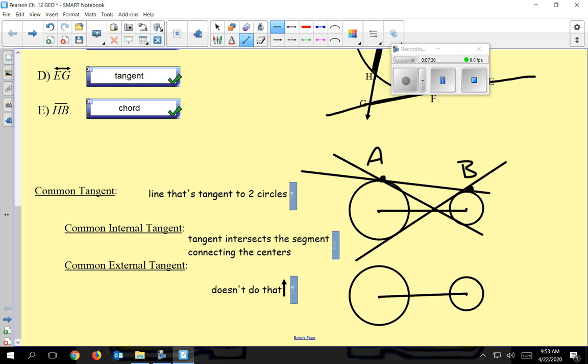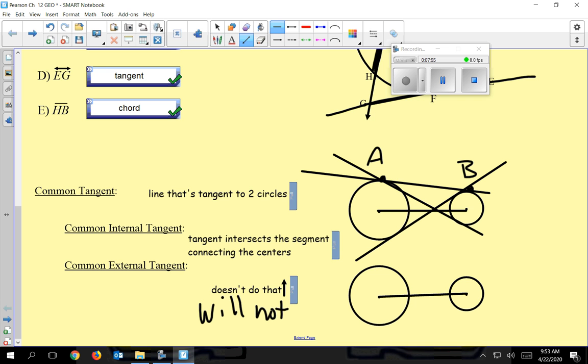A common external tangent will not intersect that line. So that would be kind of like the first definition we did with a common tangent.